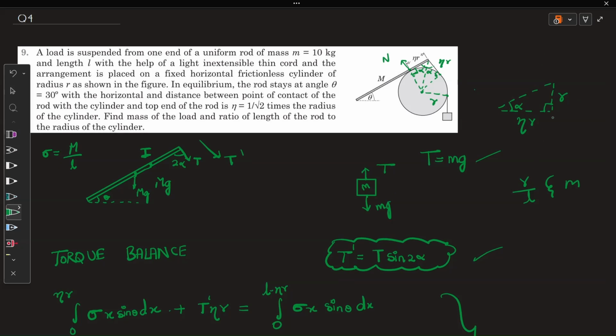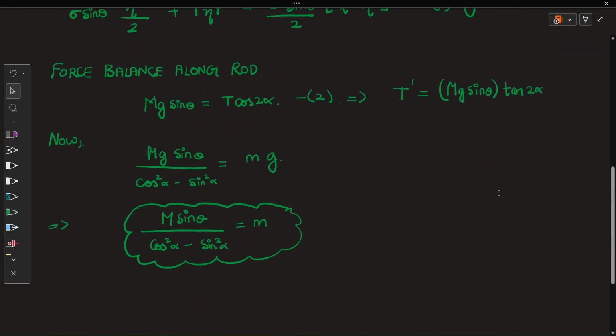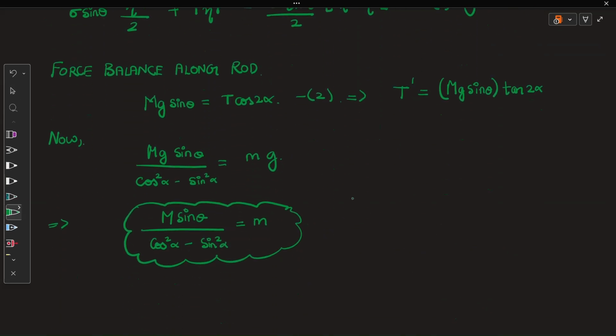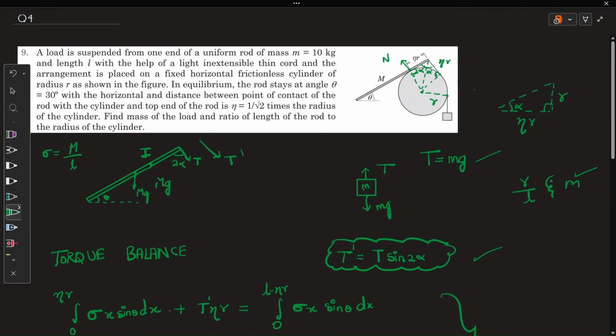And from here I can write cos alpha as eta r by under root r square plus eta square r square. That's it, everything gets simplified. So I get m in terms of m sin theta and eta. If from this I found one value, this particular part is completed.